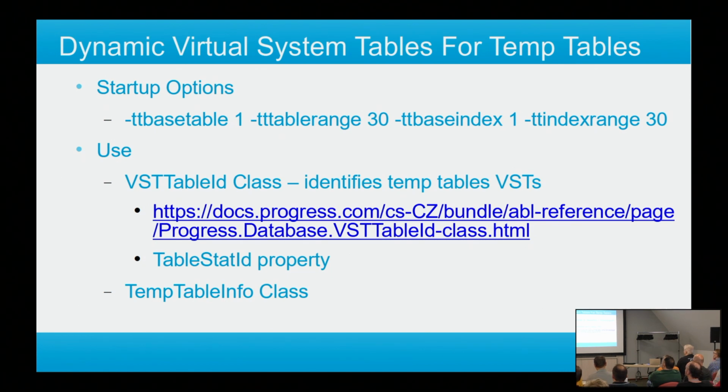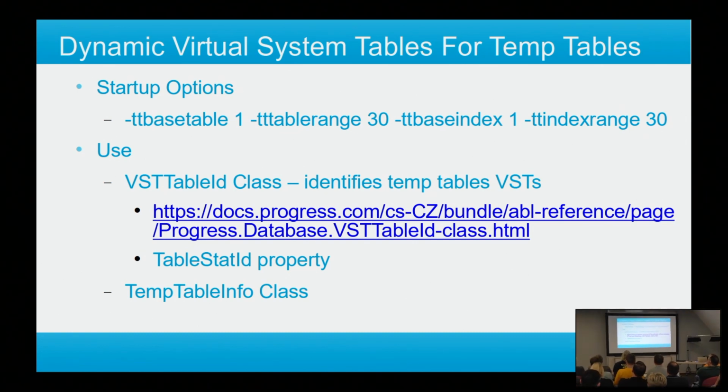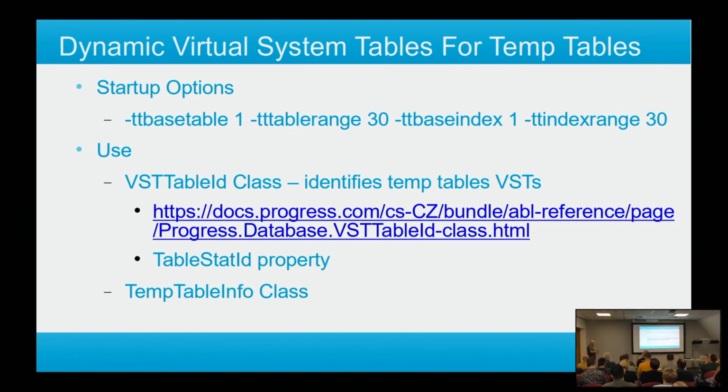They are very similar to the base table, table range, base index, and index range startup options which you can have with normal database tables. We suggest that you monitor only a limited amount of temporary tables, because if you wanted to monitor everything, it would require a lot of memory.